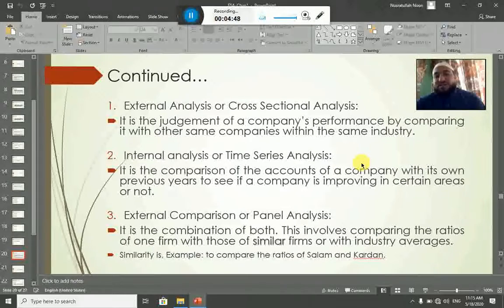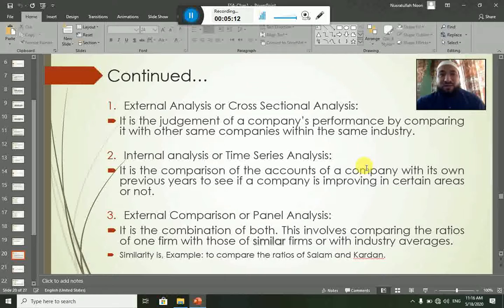And then we had discussion on internal, external, and comparison. We said that internal analysis is when we compare the performance of a company over different years. That's called internal. And external is when we compare our performance with another company in the same industry.